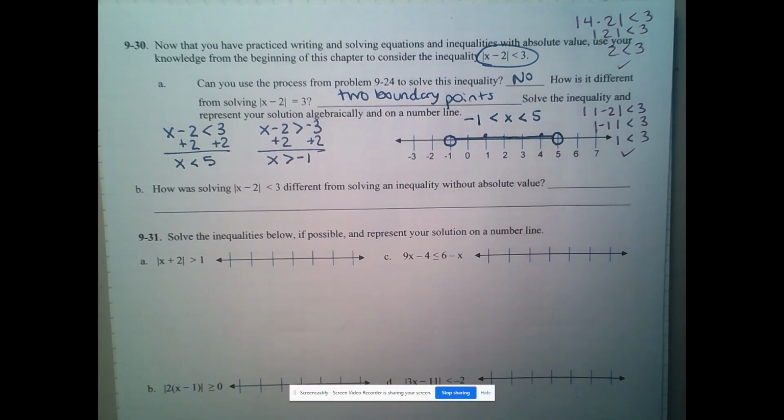So how was solving it different from solving an inequality without absolute value? Well, after you find the boundary points, you have to test a point that's in that possible solution region between two cutoffs.